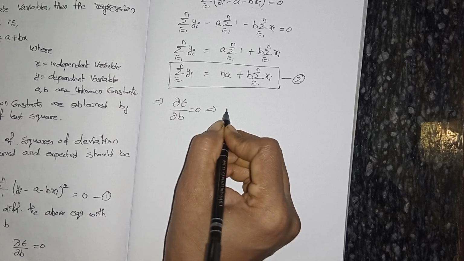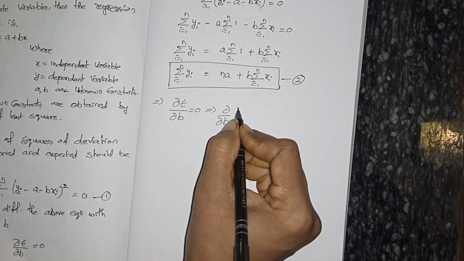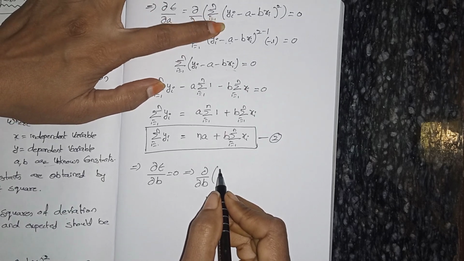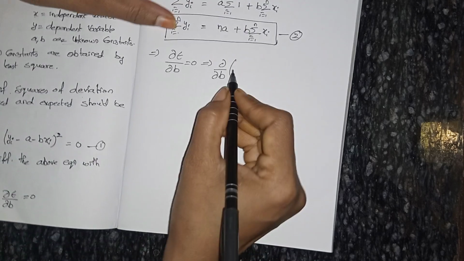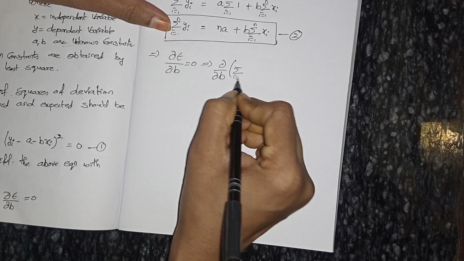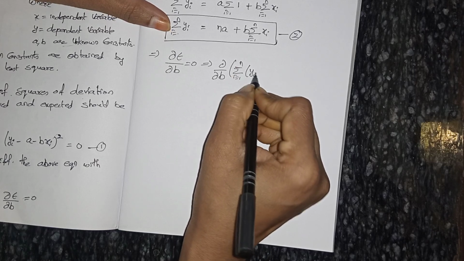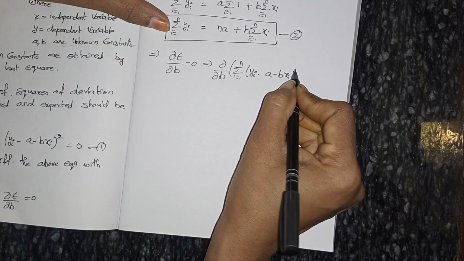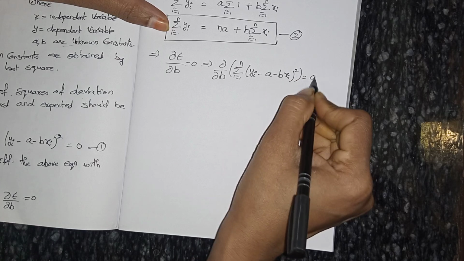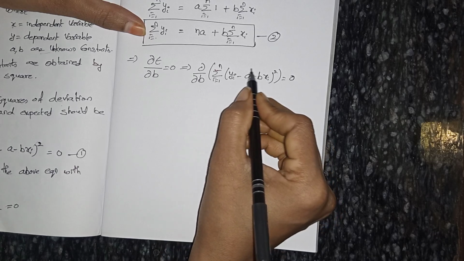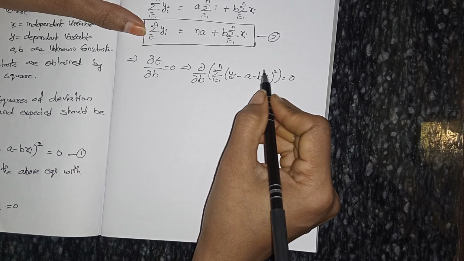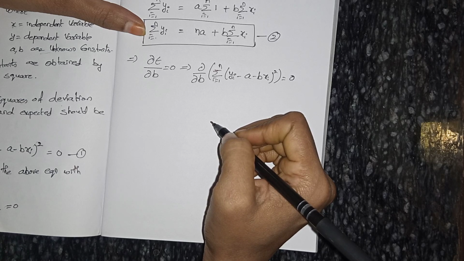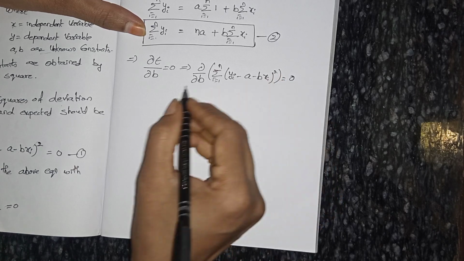That implies dou by dou b. So E in the sense nothing but the same term we have to keep. Okay, here E: summation i equals 1 to n (yi minus a minus b xi) whole square equals 0. So again we have to consider it as an x term. So it is in the form of x square. Nothing but the derivative is 2 into x to the power of 2 minus 1.